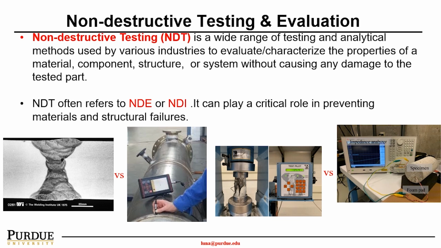By definition, it's a wide range of testing and analytical methods to evaluate the properties of materials and component structures. Here I have some examples to show you. On the left, this is a typical X-ray diffraction image, and we can see some of the voids and defects of the welding, right? Of course, to get this type of image, you need to use a scanning electron microscope, you need to cut the sample and polish the sample, which definitely causes damage, right?